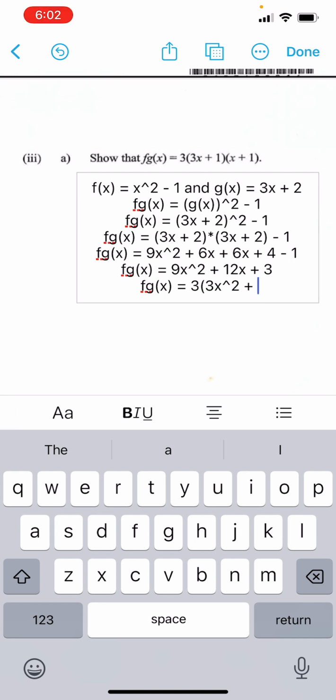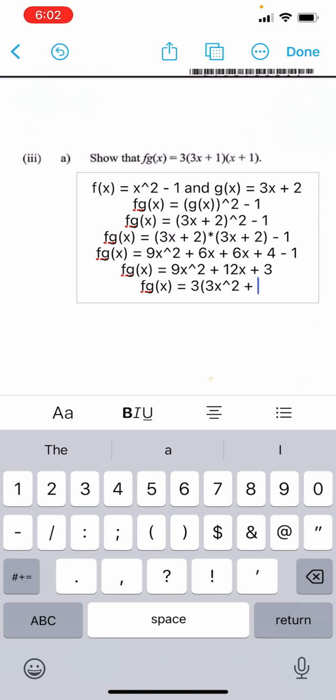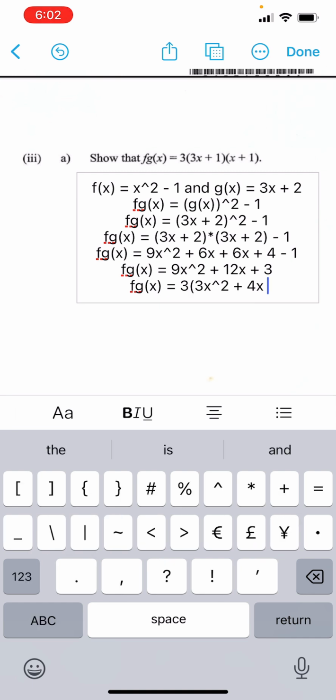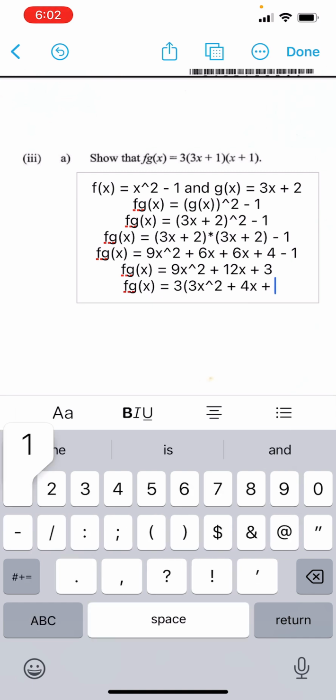Plus 12x divided by 3 is going to be equal to 4x. And 3 divided by 3 is going to be equal to 1.